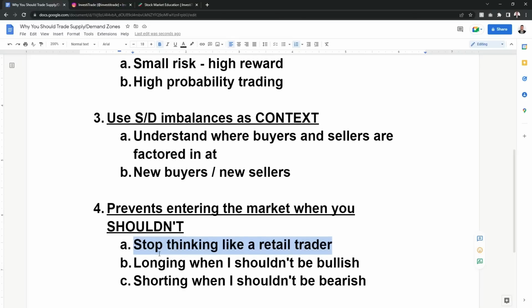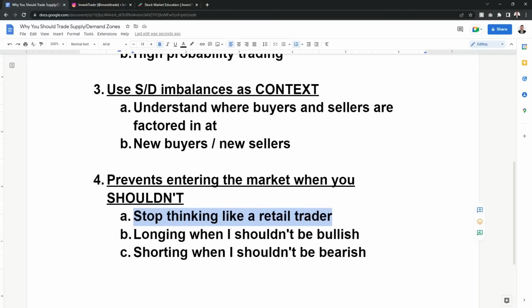A lot of traders are longing when they shouldn't be bullish, and a lot of traders are shorting when they shouldn't be bearish. So knowing where these supply and demand zones are is not only going to help us take good setups, but it's also a defensive and preventative measure to enable us to not long something when we know we shouldn't be longing it, or stop shorting something when we know we shouldn't be bearish on it.